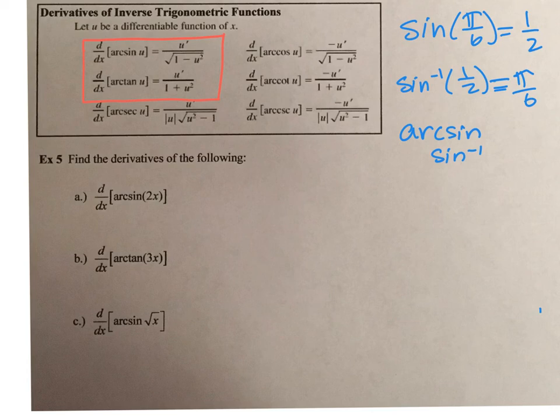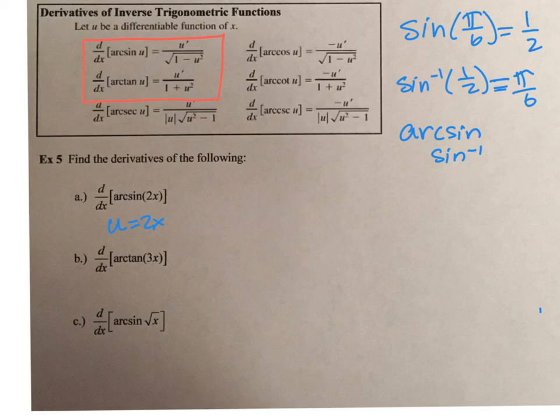Okay, so looking at our formula, the derivative of arcsine of u is going to be u prime over the square root of 1 minus u squared. So in our example here, u is equal to 2x. This is a little bit of chain rule here.